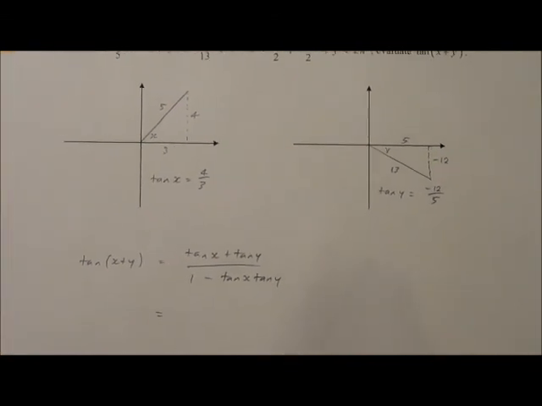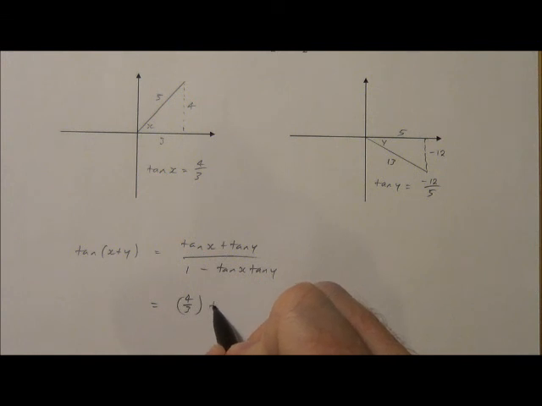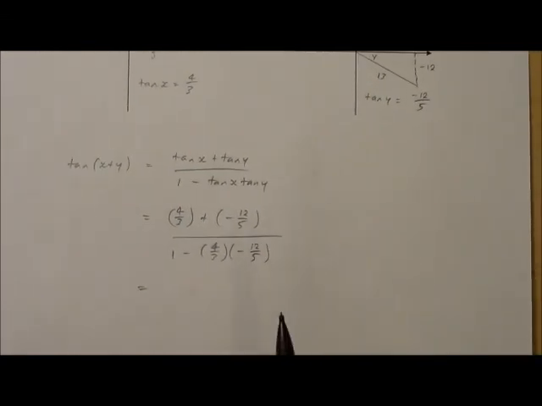Now we just plug in all the values and simplify. Okay, so please work this out the rest of the way yourself, and then come back to the video and check to make sure that you are correct.